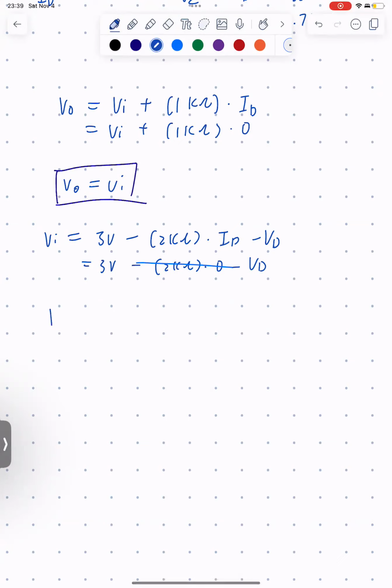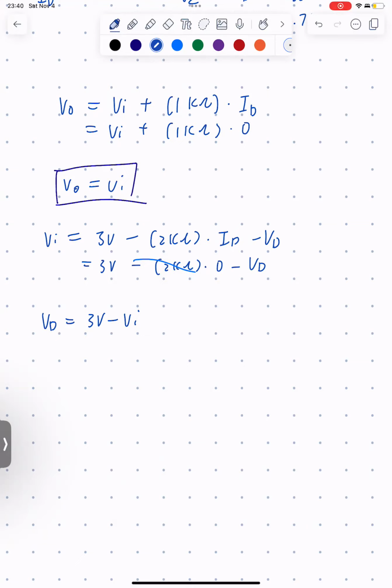And then let's isolate VD. VD equals 3 volts minus VI. And now we've created an equation where we express VD with VI.